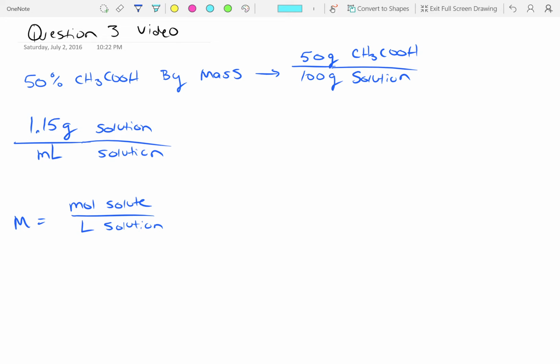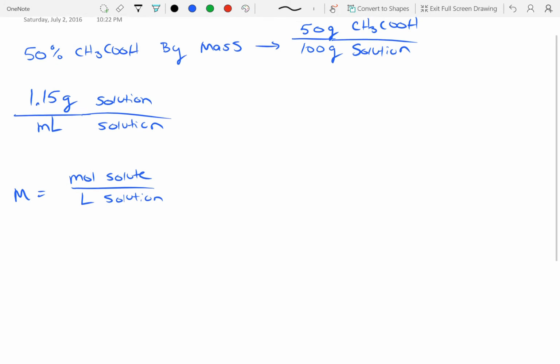Now that we know all the background information, we can solve the problem. I'm basically going to do a huge train track to get from our starting point, which is our density, to our ending point, which is our molarity, what they're asking for. So let's start down here.